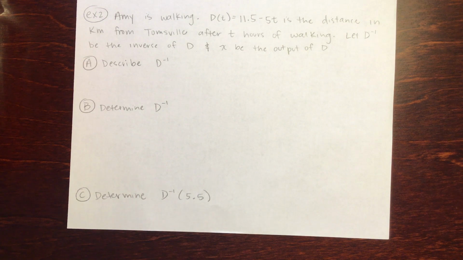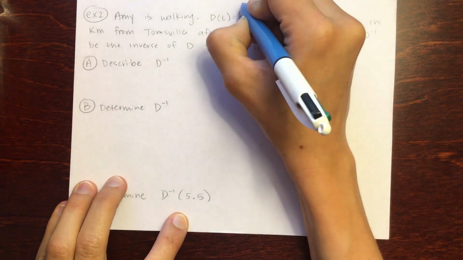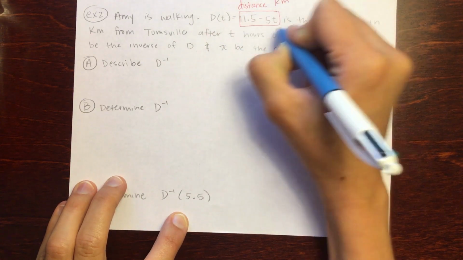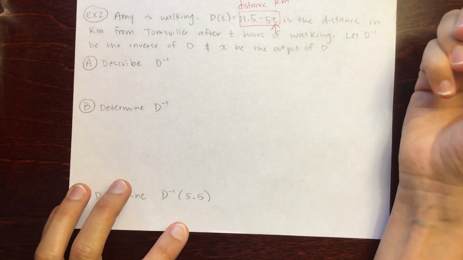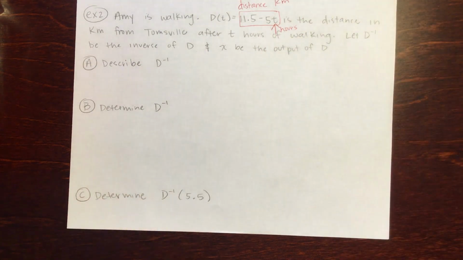Describe D inverse. Okay, let's talk about our units here. This whole equation is the distance, or kilometers. The t here, the input, is hours, or time. So the equation tells me distance in terms of hours.